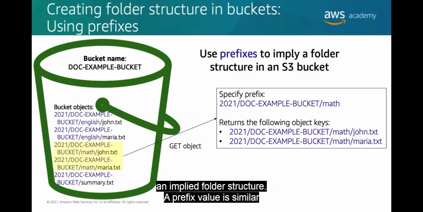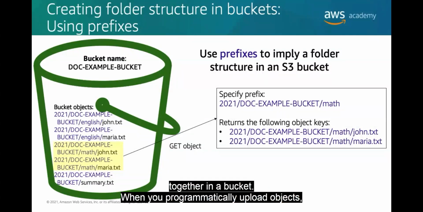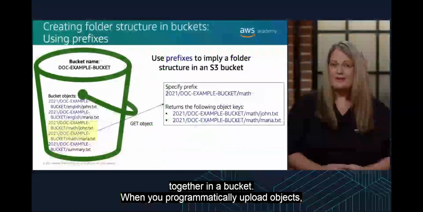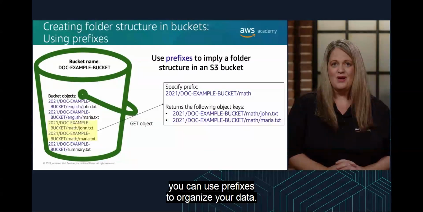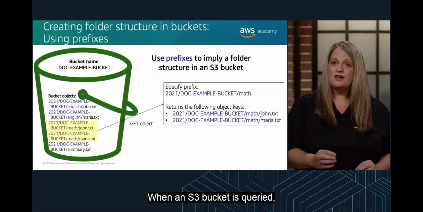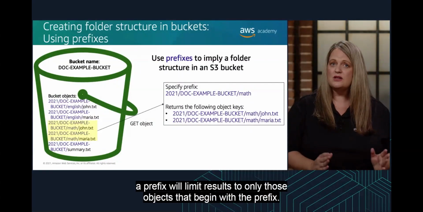A prefix value is similar to a directory name. Use a prefix to group similar objects together in a bucket. When you programmatically upload objects, you can use prefixes to organize your data. When an S3 bucket is queried, a prefix will limit results to only those objects that begin with the prefix.